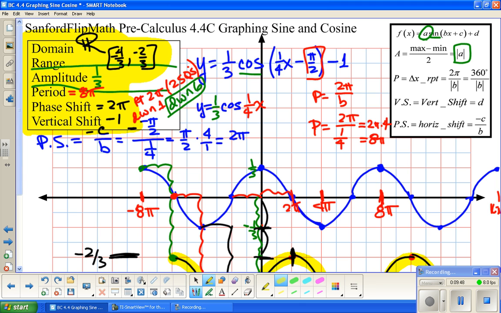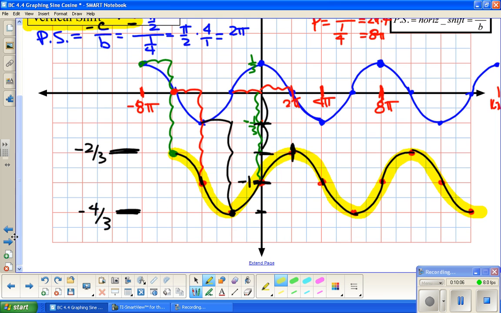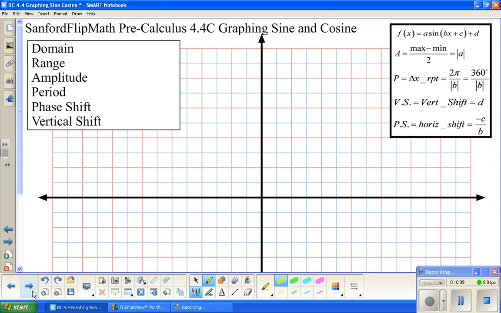Frequency is just 1 over the period, so if you're interested, frequency is 1 over 8 pi. Yes, it could come up, and yes, I might ask you, and I know that'll seem unfair, so I'm warning you now. All right, let's do another one. That was about ugly, and that's good. We need practice with ugly.